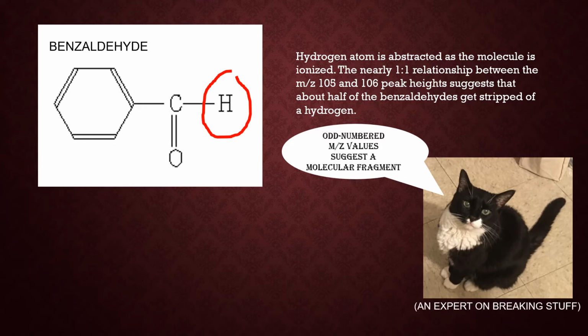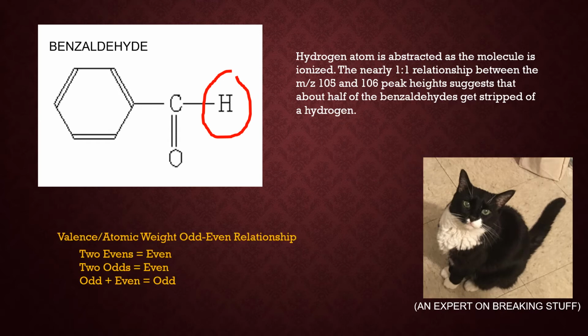So we learned something about this, namely that the odd-numbered M to Z values suggest a molecular fragment, namely a broken molecule. And the way we can rationalize this, which we'll do in the next slide, is that most of the elements that we're dealing with in these organic molecules have combinations of valence and atomic weight, namely odd-even relationships.